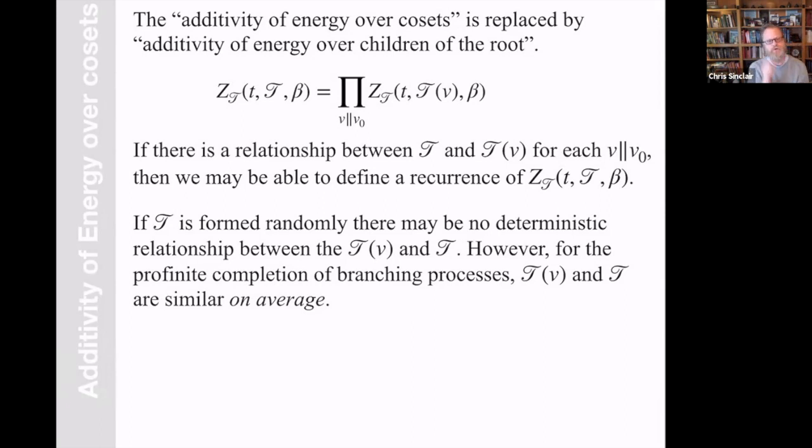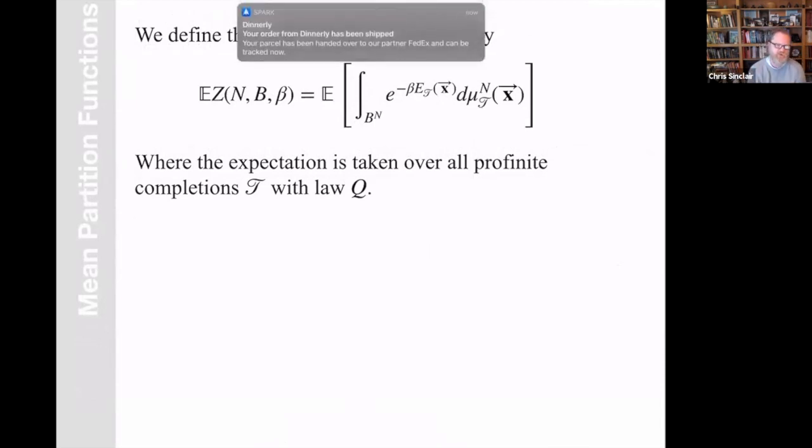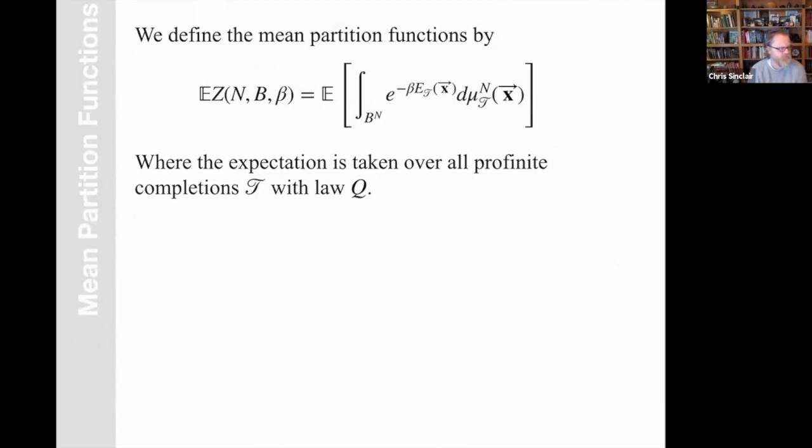However, if we chose our tree randomly with respect to a branching process, then all of those trees are similar in expectation. Okay, so I think this is the place where we had all of the expectations before actually depended on our random tree tau. And for each one of those, I could compute the partition function, right?